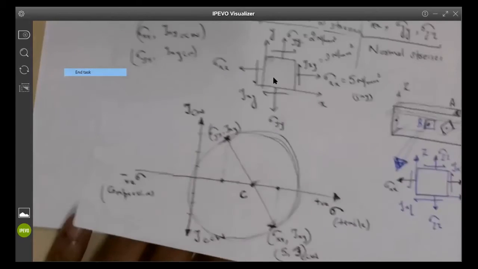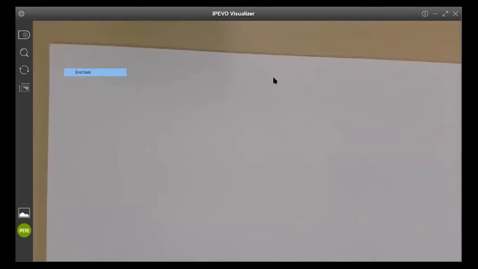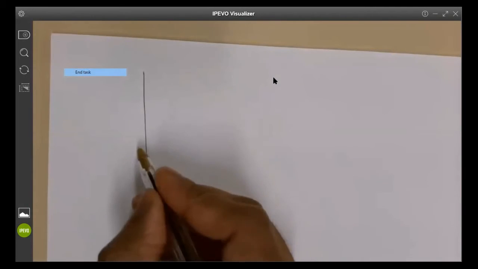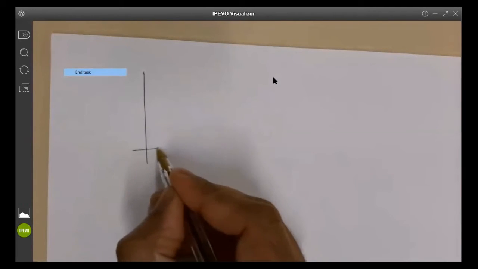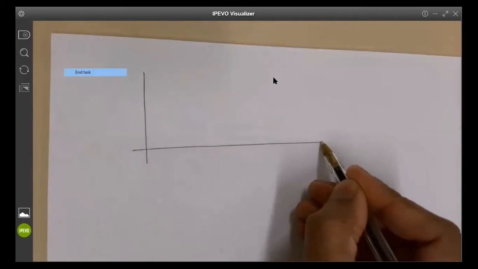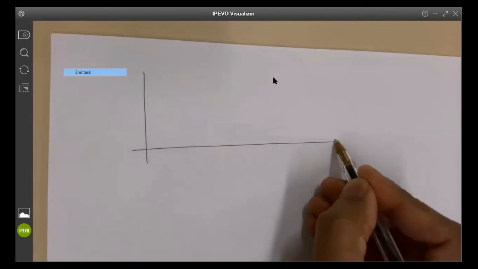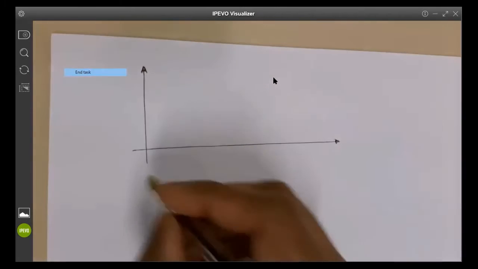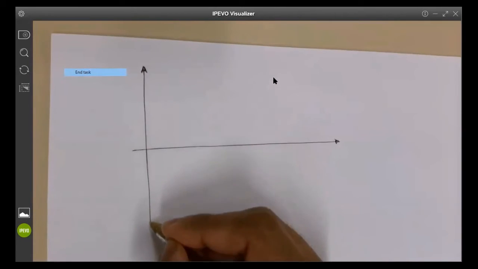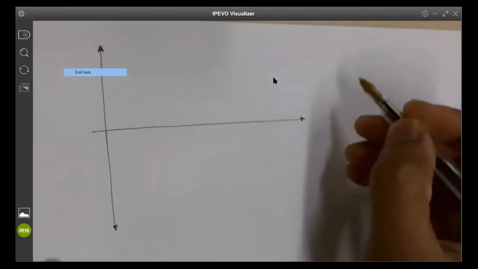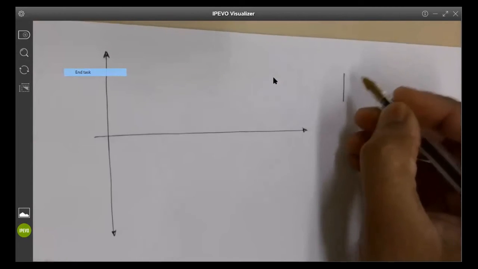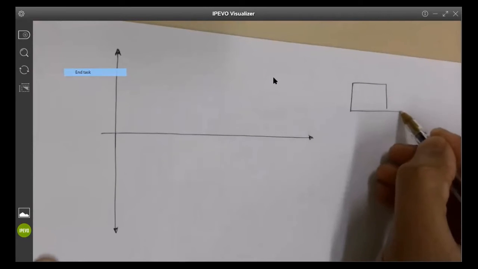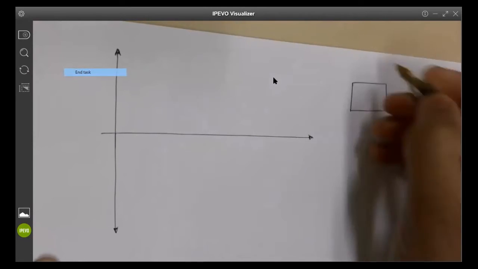Okay, if not, then I will again try to do the same thing on this sheet of paper and tell you why we actually care about this. What is the need of doing all this construction, and why does it matter? Right now, as I said, I have got a planar representation of stresses.